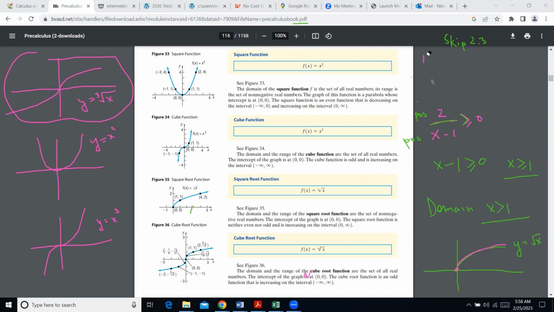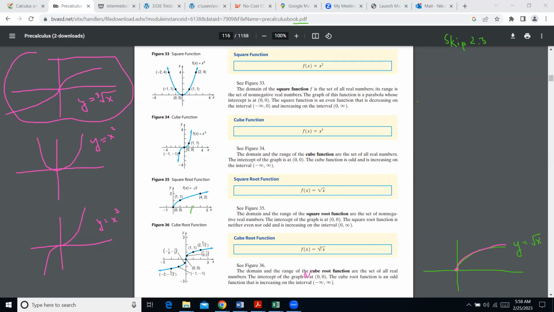We don't want to graph anything using points. We want to look at the equation and remember that the shape of this is a parabola, and that's how we are going to graph.